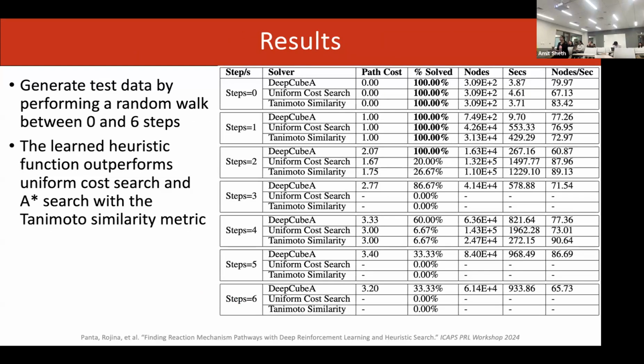And so what we have here is some preliminary results, but we see as the number of steps increases, the reliability of us being able to find these reaction mechanism steps decreases. But we see that this works better than if you're just trying to brute force solutions or use heuristics. These are some fixed heuristics based on similarity. So it works better than the fixed heuristics. The learned heuristics works better.